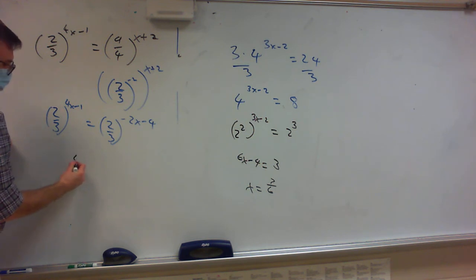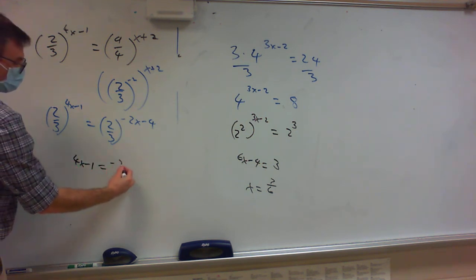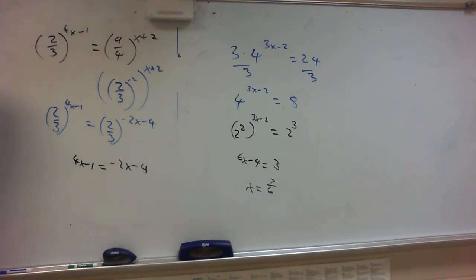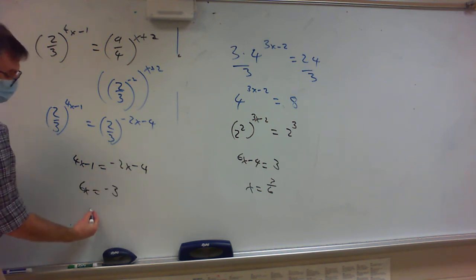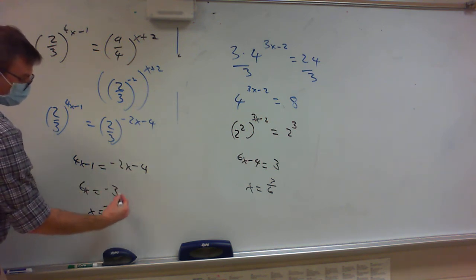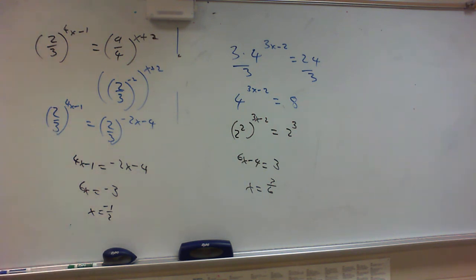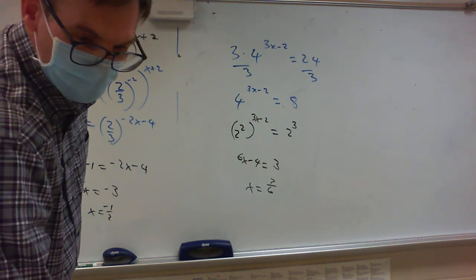I can say 4x minus 1 is equal to negative 2x minus 4 and solve. Put this over here, I'm going to end up with a 6x. Move this over here, I end up with a negative 3. And so x equals negative 1/2. Does that make sense?